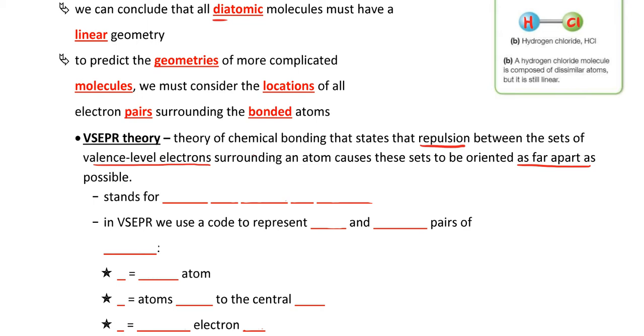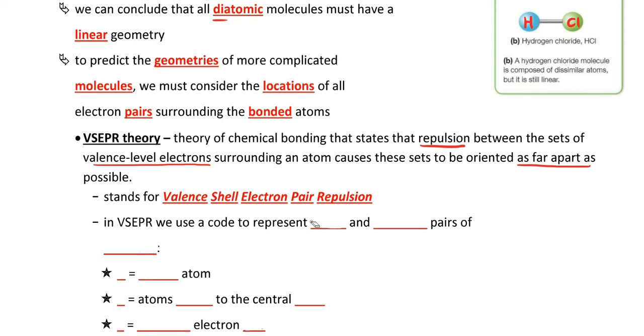And so atoms that are involved in chemical bonds are going to arrange themselves in such a way that they are as far apart as possible because their valence electrons are repelling each other. Now, VSEPR stands for valence shell electron pair repulsion. So this is valence shell electron pair repulsion theory, and it's based on the fact that like-charged electrons are going to be repelling each other.